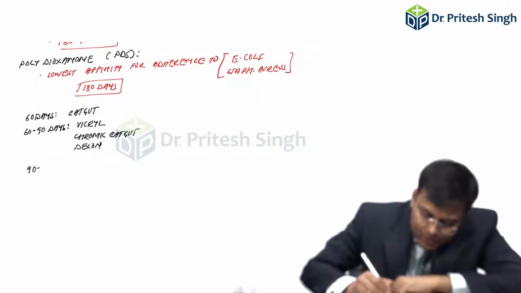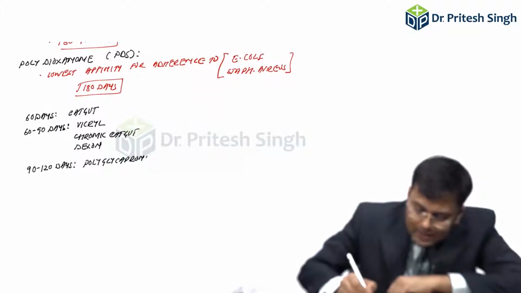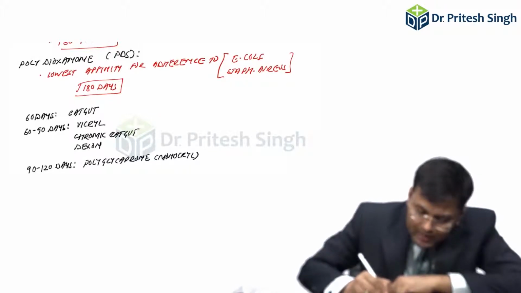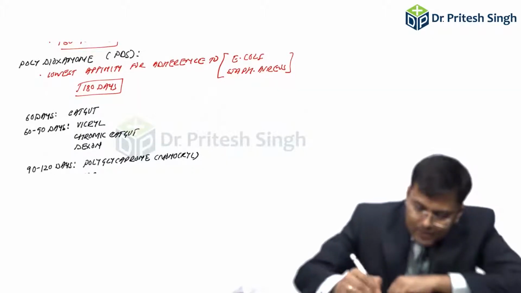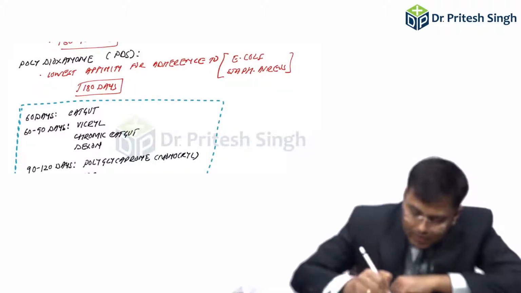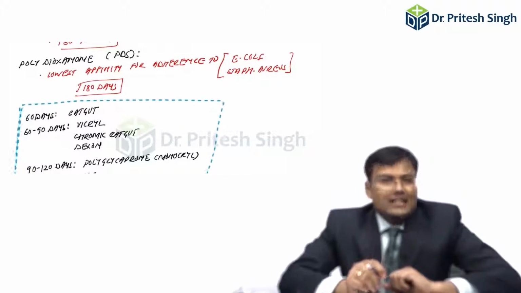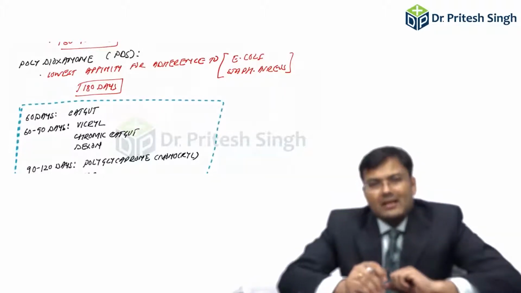In 90 to 120 days, polyglycaprone, also known as Monocryl. And in 180 days, PDS, which is also known as polydioxanone. So these are the questions which are frequently asked, about which suture is absorbed in how many days.